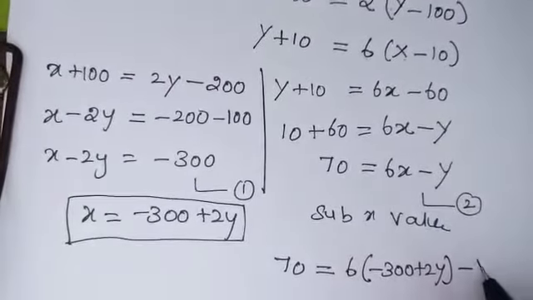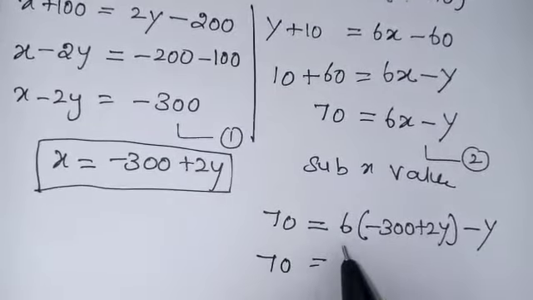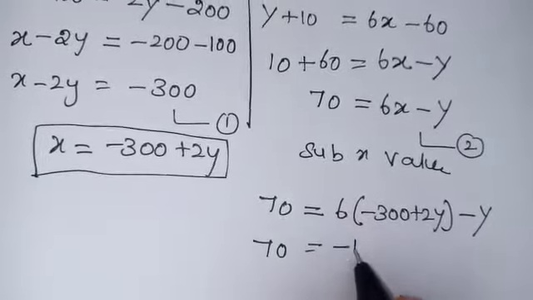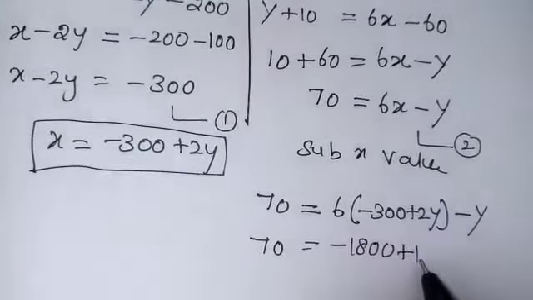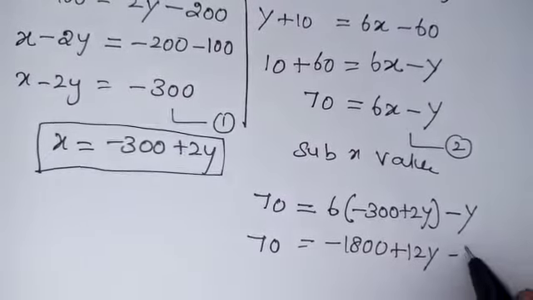This minus Y, keep as it is. The 6 should be multiplied inside. 6 into 300 will be 1800, and 6 into 2 is 12, so 12Y. This minus Y will come as it is.